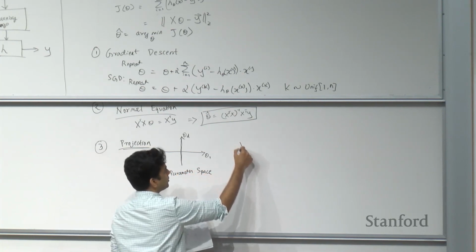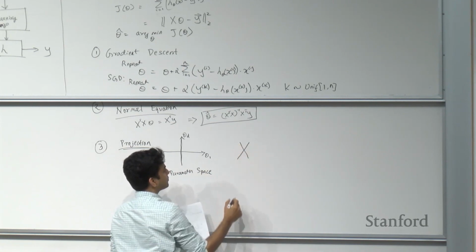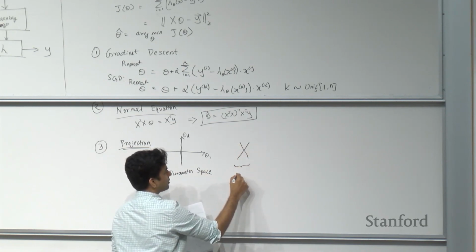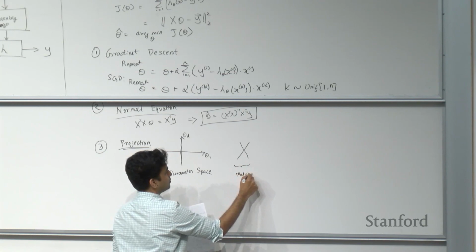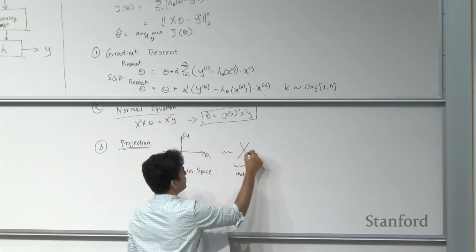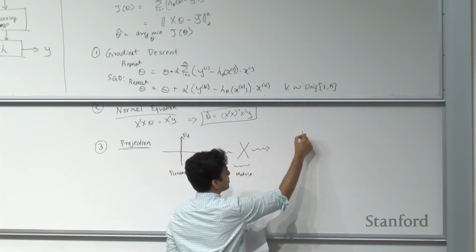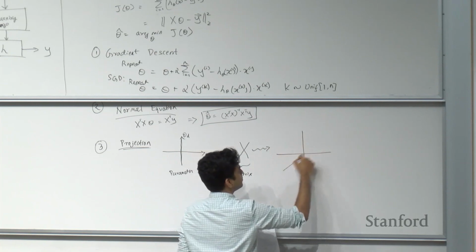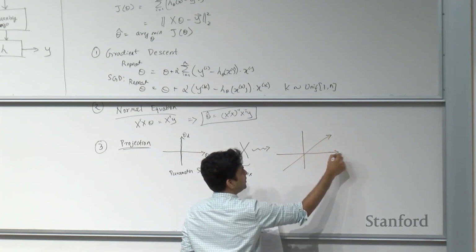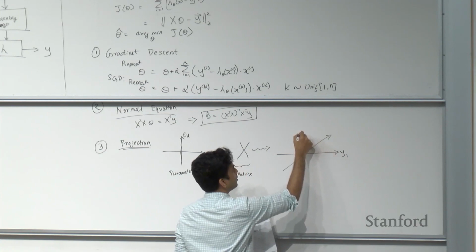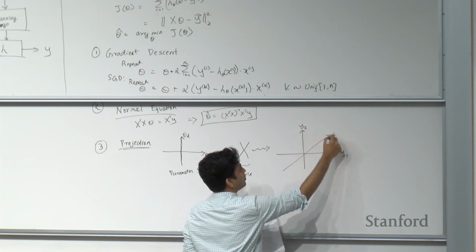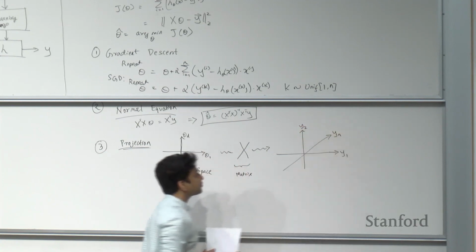And then there is this design matrix X. Run it through this, and we get an output space. This is y1, y2, call this yn.